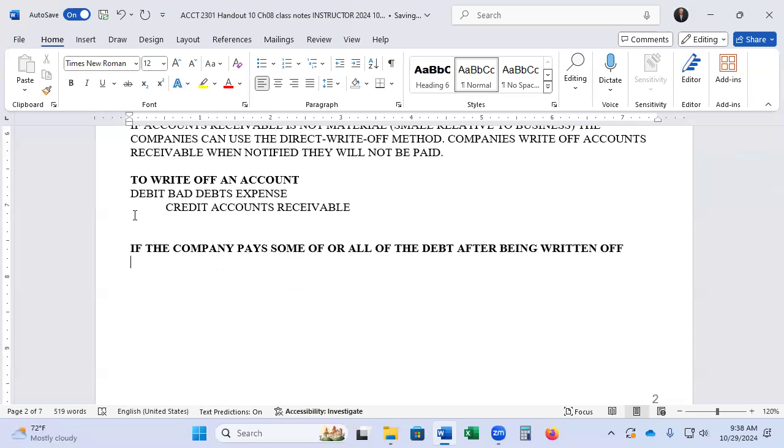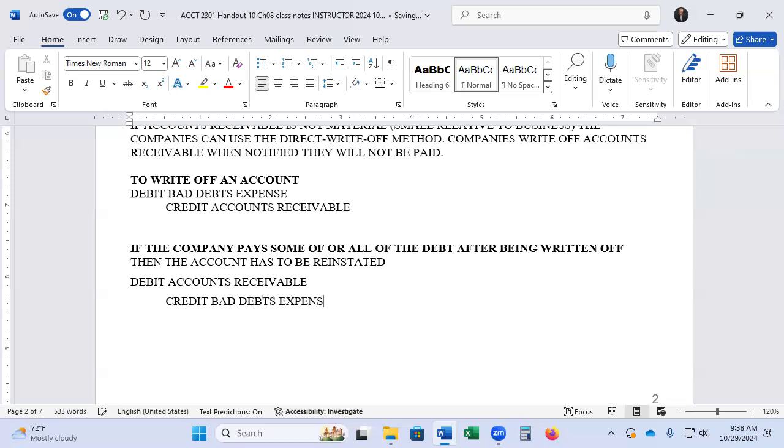If the company pays all or some of the debt after being written off, then the account has to be reinstated. So you would debit accounts receivable and credit bad debts expense, reversing that entry.